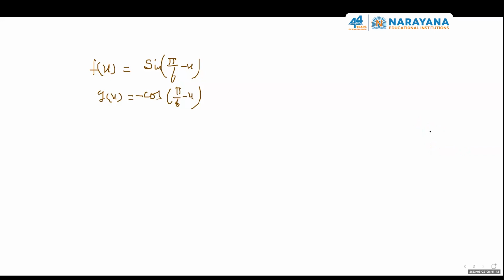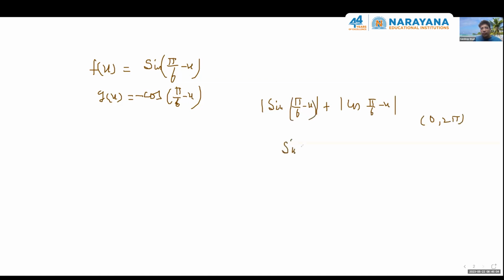Good. So now mod fx plus mod gx. So this is going to be how much? Mod of sine of pi by 6 minus x. He has asked the critical points in 0 to 2 pi, basically the whole period. In fact, if I shift this, is this going to matter if I take this as mod sine x plus mod cos x?